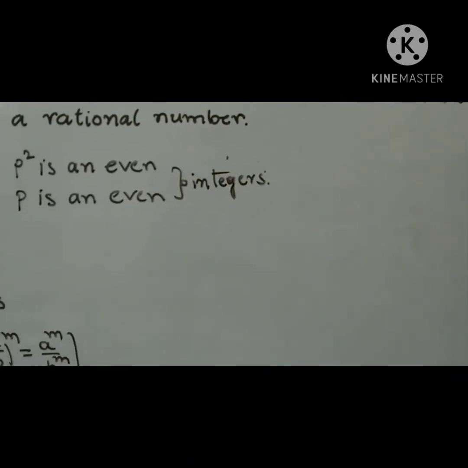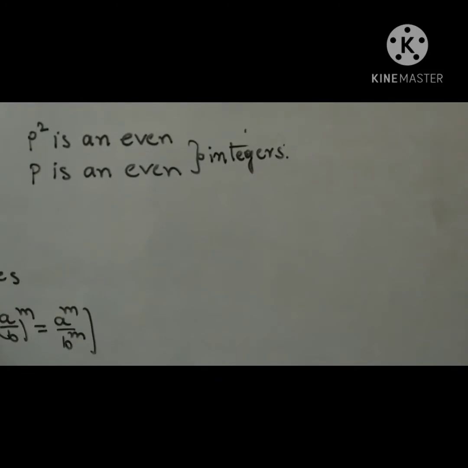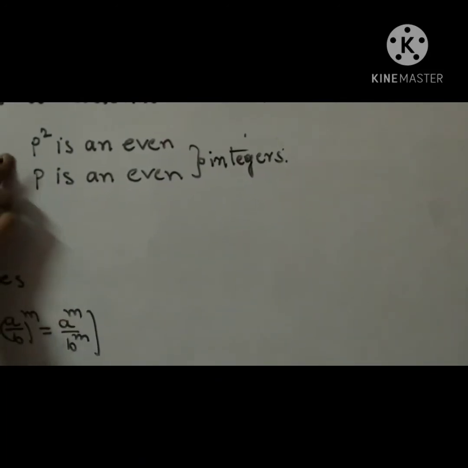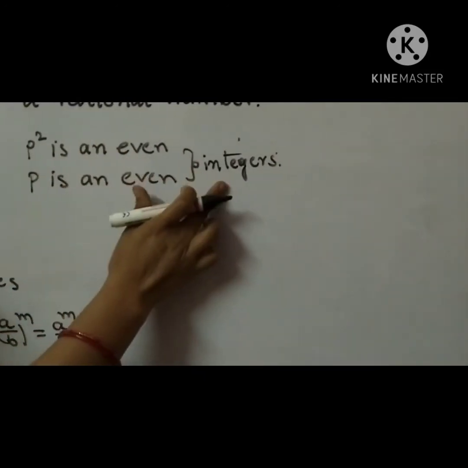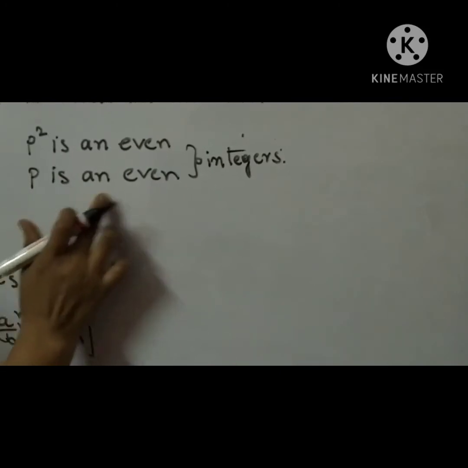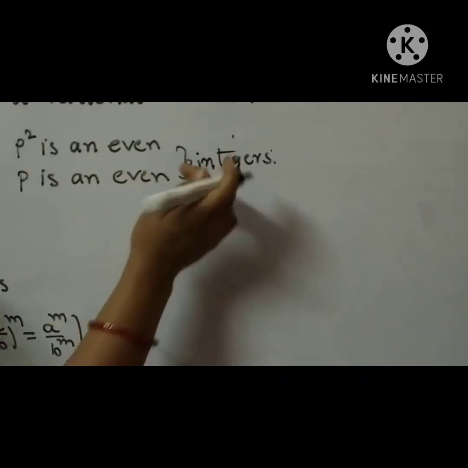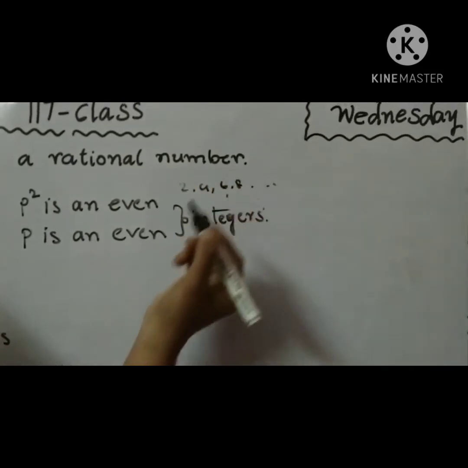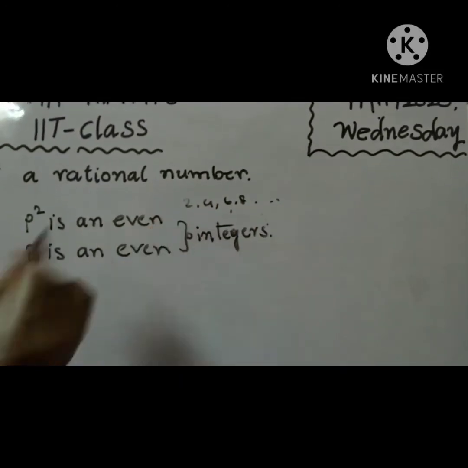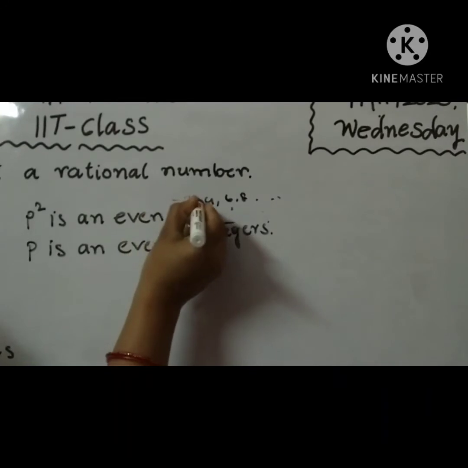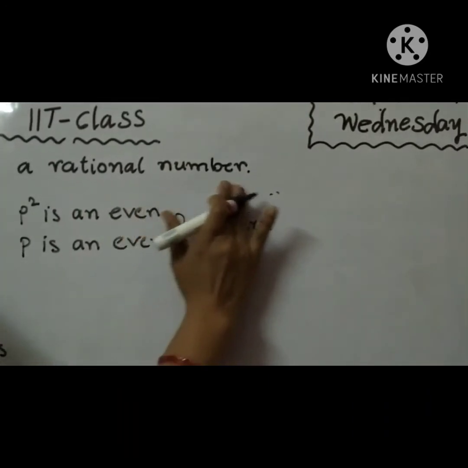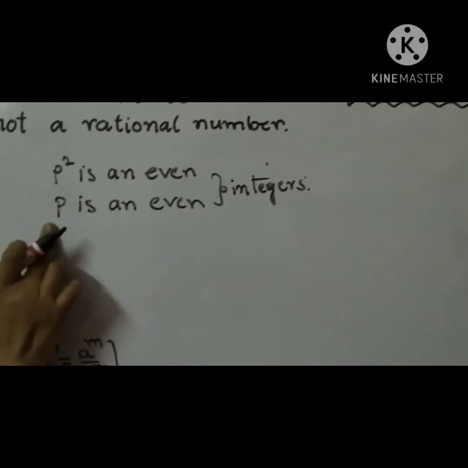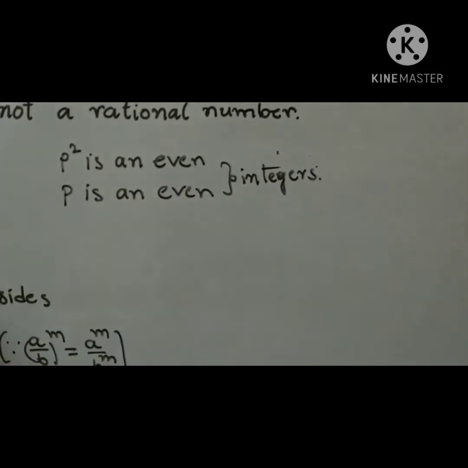Did you understand children? P square equals 2q square. Here p square is an even integer and p is also an even integer. Even means 2, 4, 6, 8 and so on. Integers means positive or negative, any one, minus or plus. So p square and p are even integers.